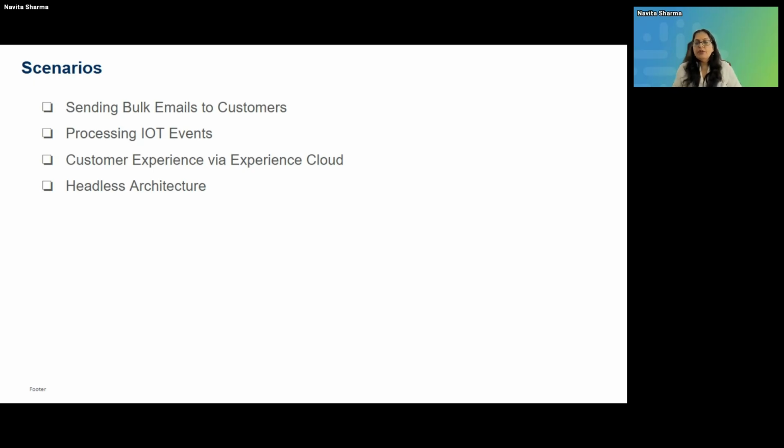Next is the processing of IoT events. There are many scenarios which are, for example, from the auto cloud perspective as well, where there are some kinds of devices which generate events. For example, if you have electric vehicle chargers deployed across the network, and some of the chargers are not working, they can ping that I have some problem, this is my error code.